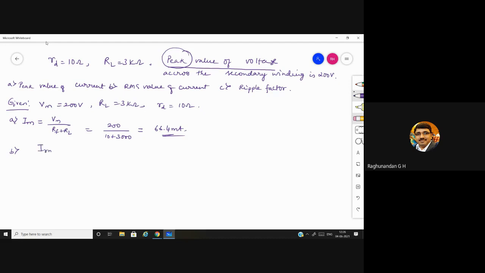The same way, second one, RMS value of the current. That means IRMS is asked. So IM by root 2. After that, the ripple factor, so that is IRMS by IDC whole square minus 1.